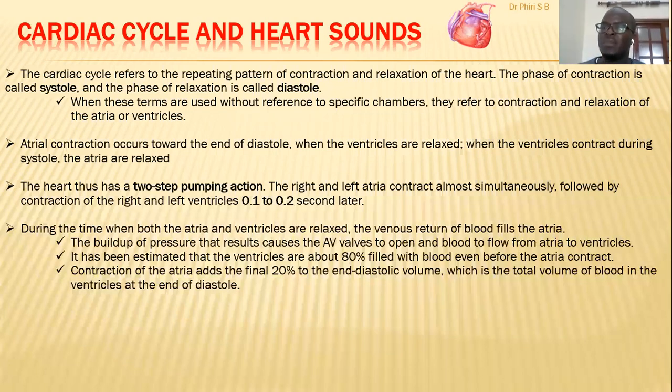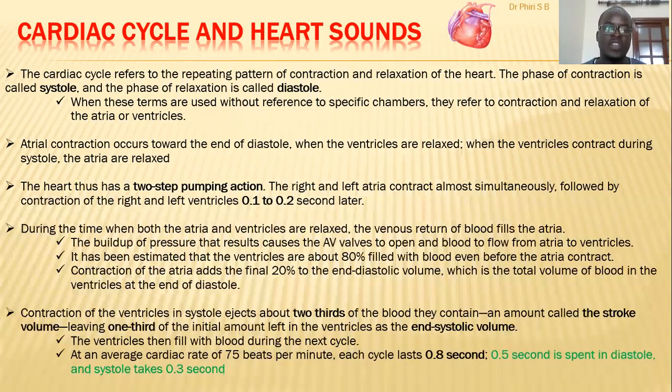The blood is coming from the inferior and superior vena cava. The atria contract, pushing the extra 20% into the ventricles, and then you have your total end diastolic volume.